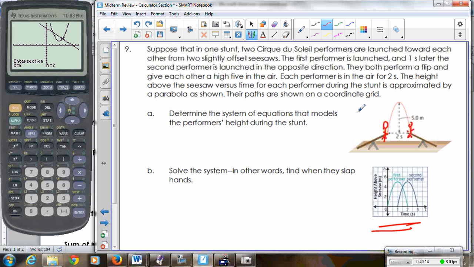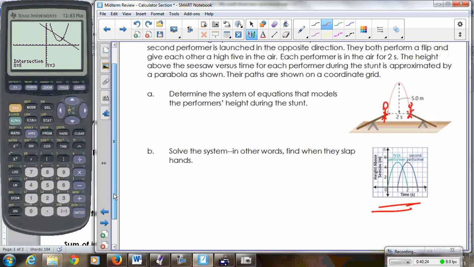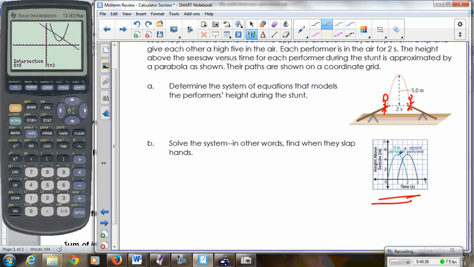So it says to determine a system of equations that models the performer's height during the stunt. And so I did this in vertex form because I thought that was probably the easiest to see. And so I noticed, if I look at, for the first performer, I can see that the vertex is at 1, 5. So the vertex for the first one is at 1, 5, and I'll just put a little subscript there. And then for the second performer, the vertex is at 2, 5.